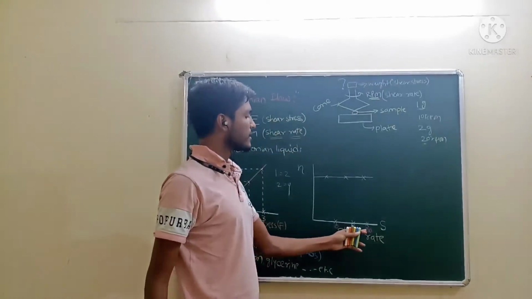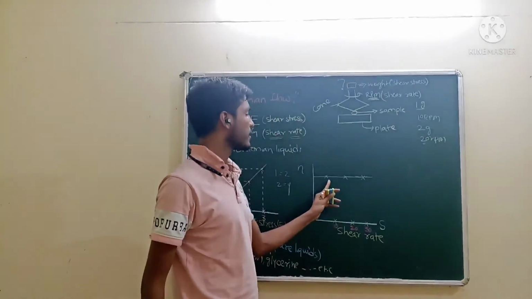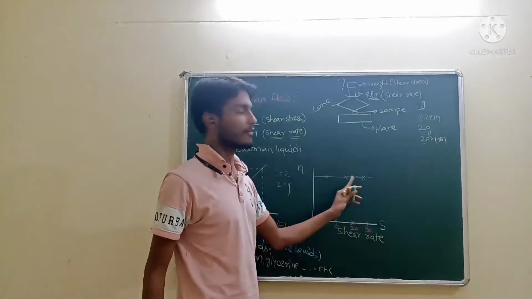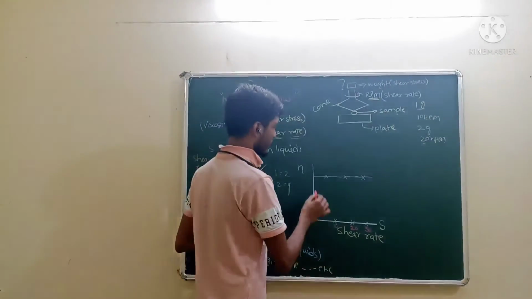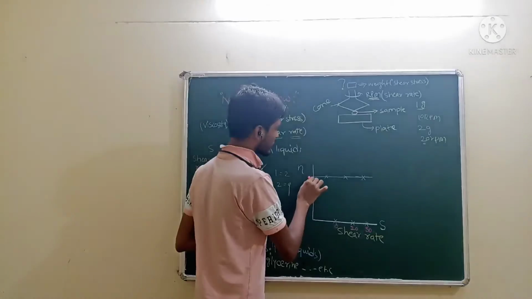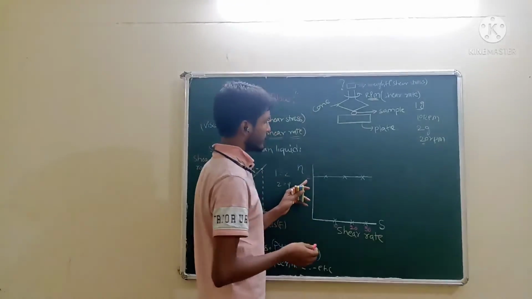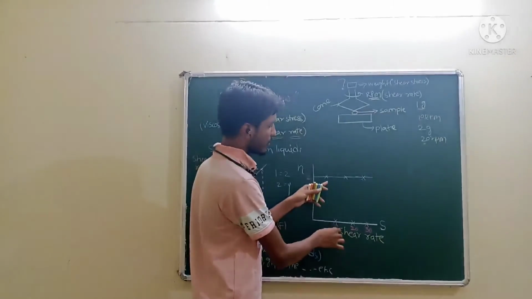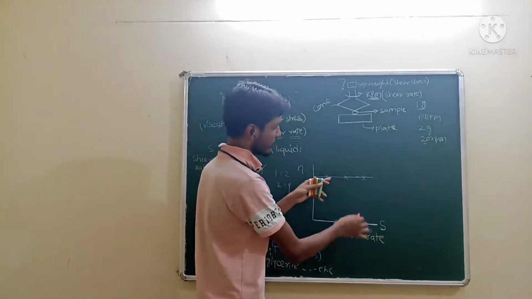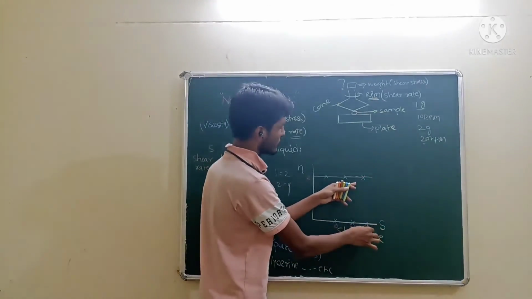Even if you are increasing the number of RPM, the viscosity of liquid will not change. For example, you can consider the viscosity as 2 poise. For 10 RPM, 2 only. For 20 RPM, 2 centipoise.